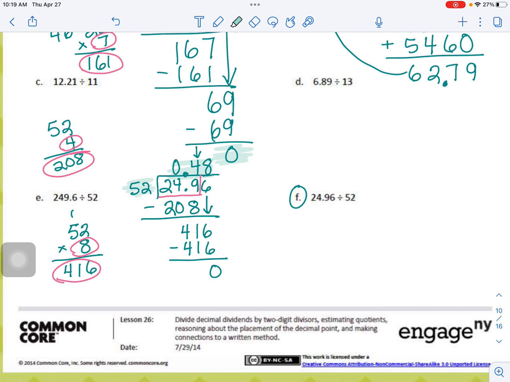Now I need to check. And I really think it's going to be easier to just take this decimal out and also take the 0 out. And then it'll just be a lot simpler. So 52 times 48. Go ahead and multiply.